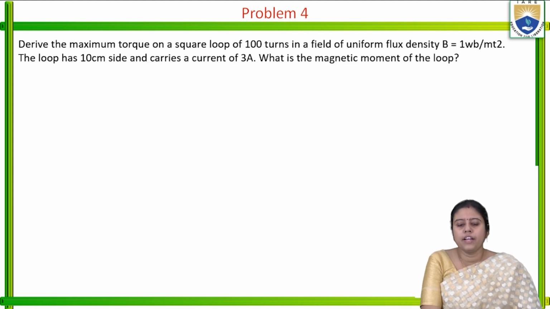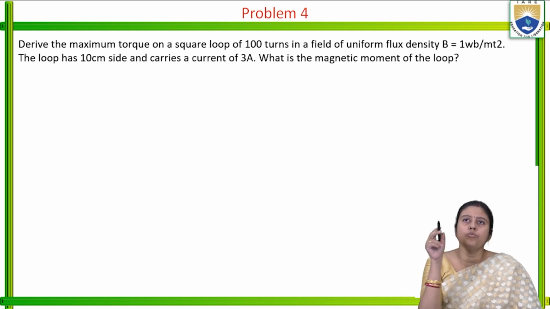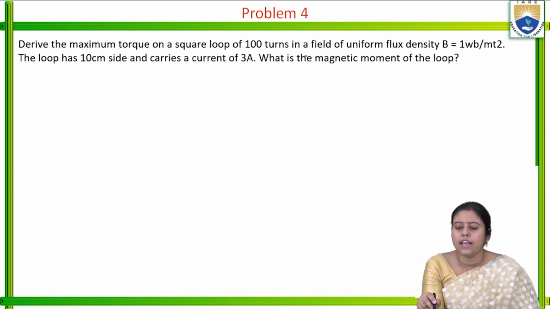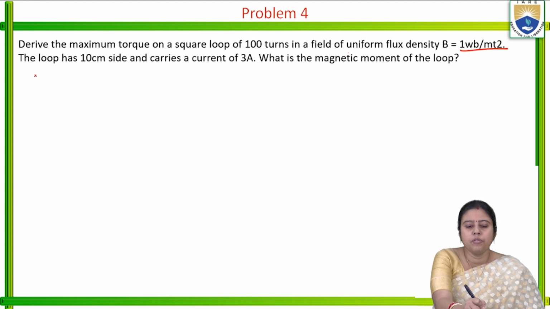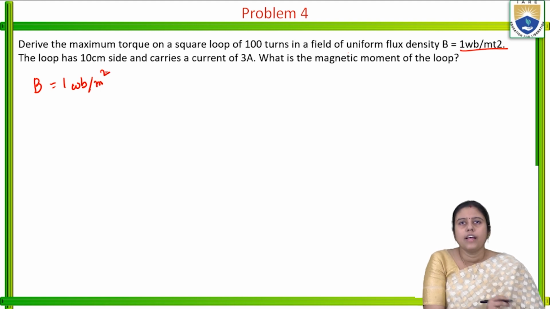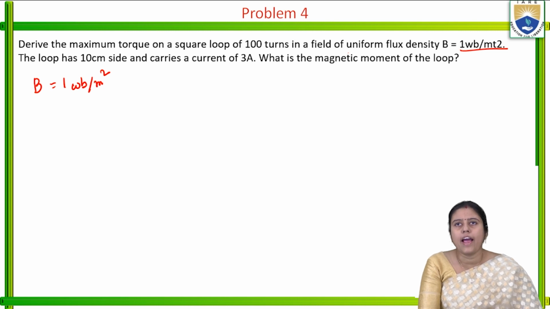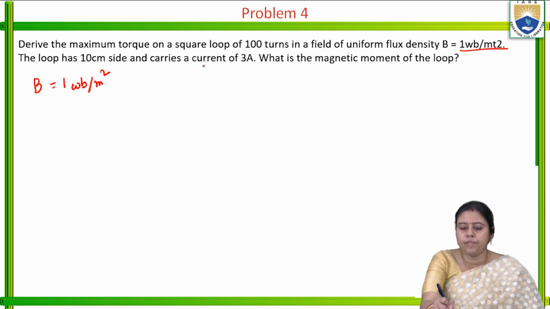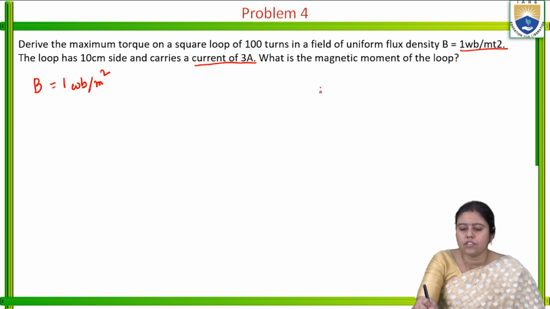Problem number 4 says, derive the maximum torque on a square loop of 100 turns in a field of uniform flux density 1 Weber per meter square. The loop has 10 centimeter side and carries a current of 3 ampere. So it is a square loop.